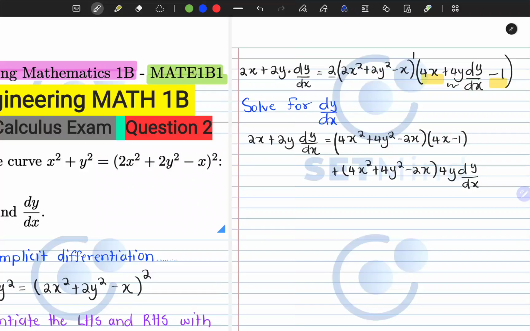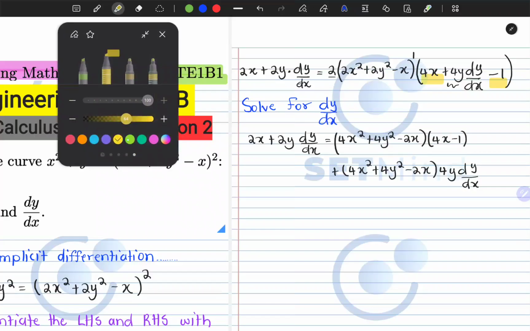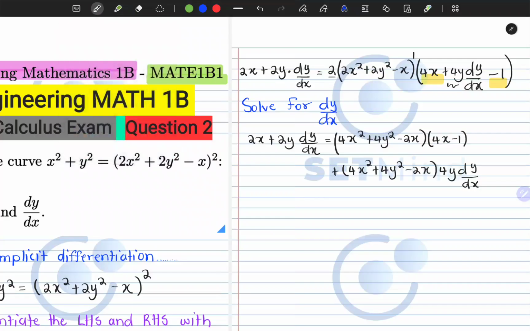So what I'm going to do now is to transpose this to the left-hand side and then start solving for it.